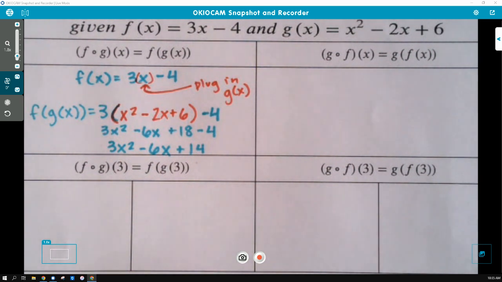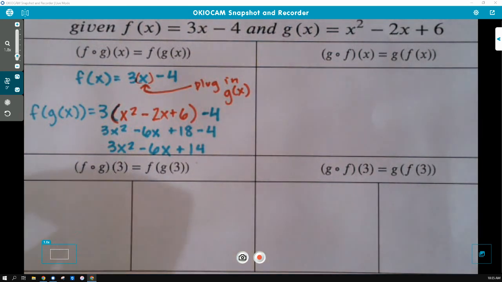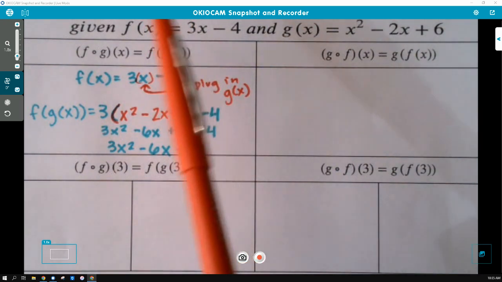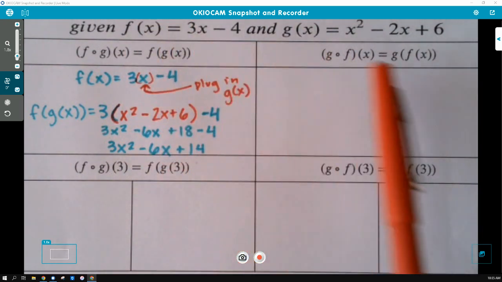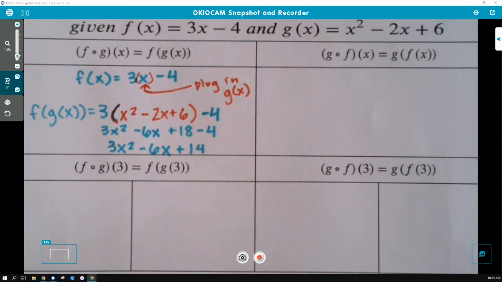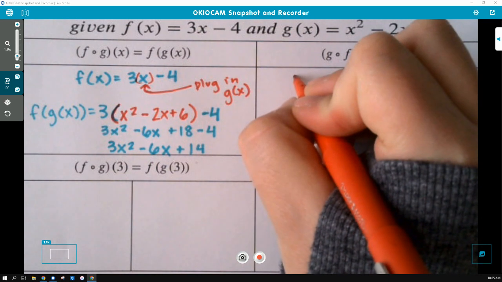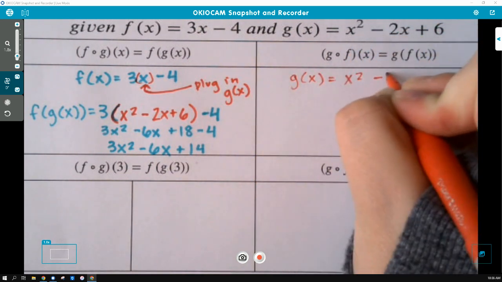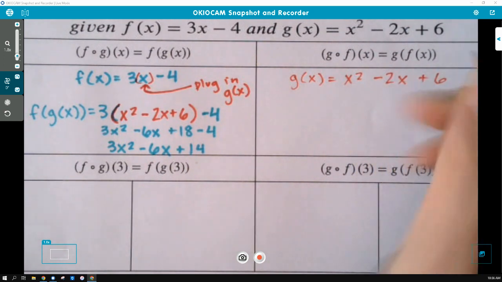Okay. Any questions on that one? Okay. Last one then. We've got f of x equals 3x minus 4. We're going to be plugging that into g of x. So I'm going to start, again, I'm showing more work on this one. I'm going to start with my g of x, which is x squared minus 2x plus 6.